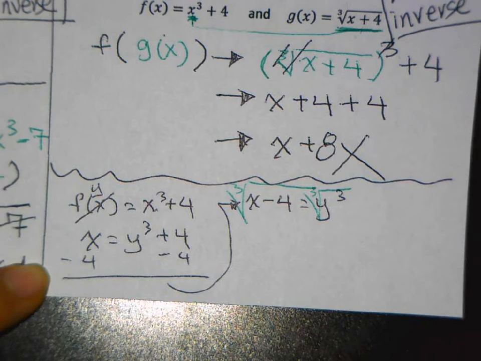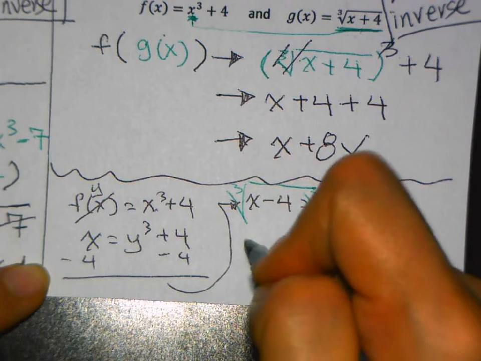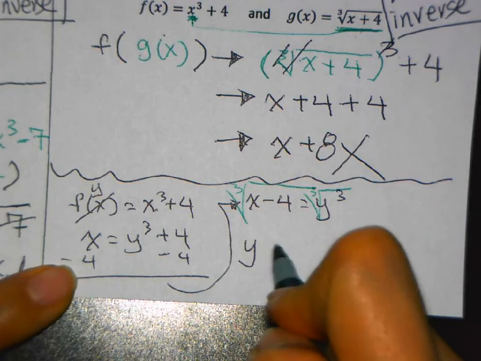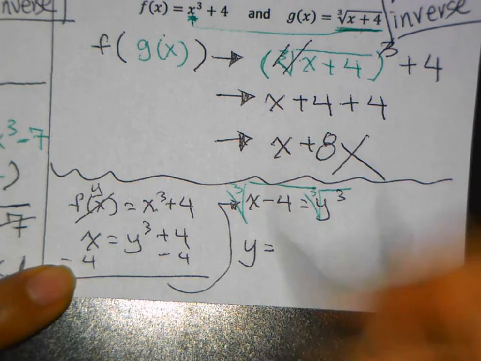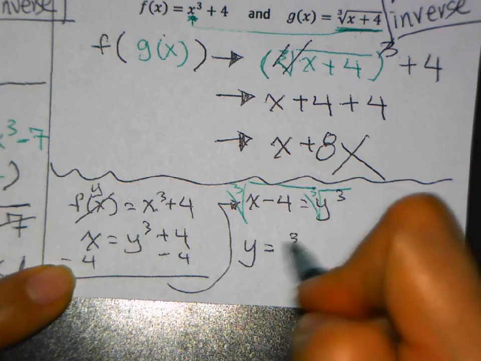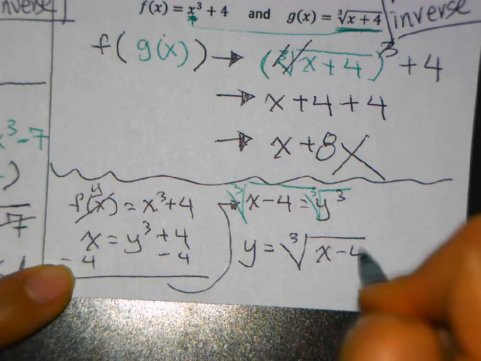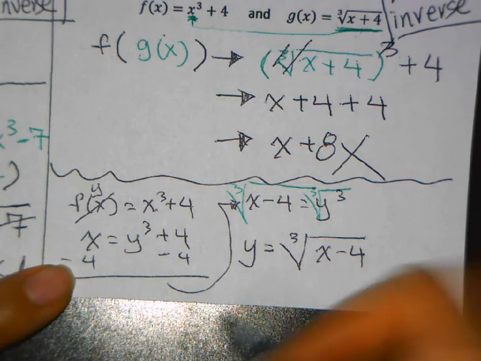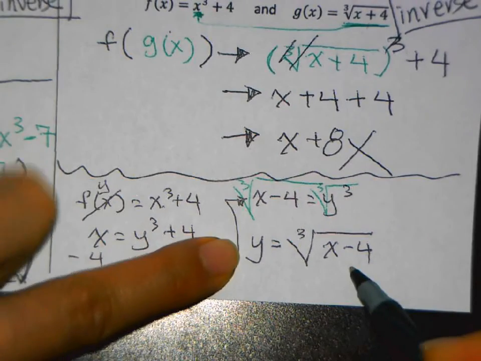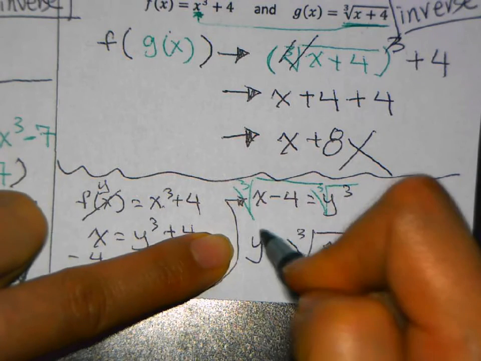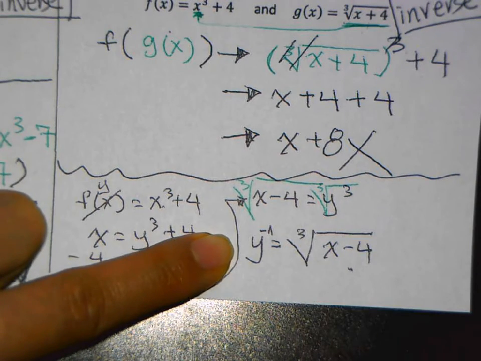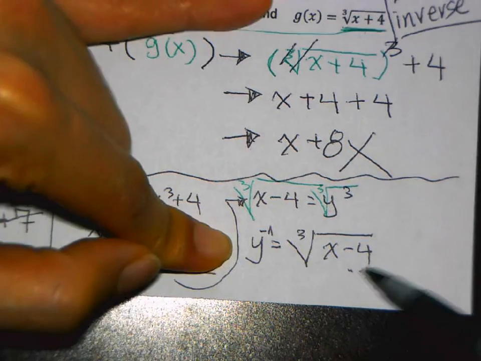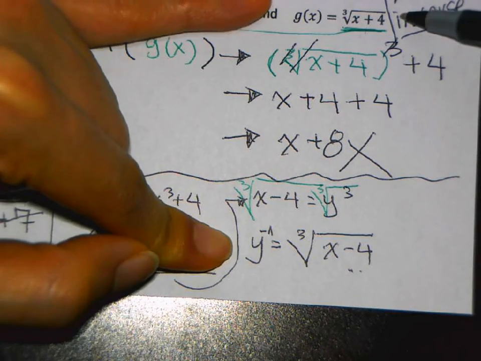If I take the cube root on both sides, that leaves me with y equals cube root of x minus 4. This is supposed to be my inverse, so that's f inverse of x. But if I'm looking at this, does this match this equation?